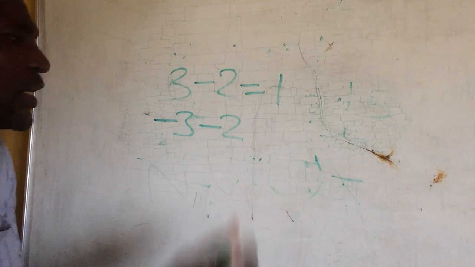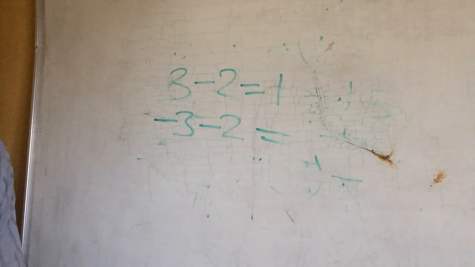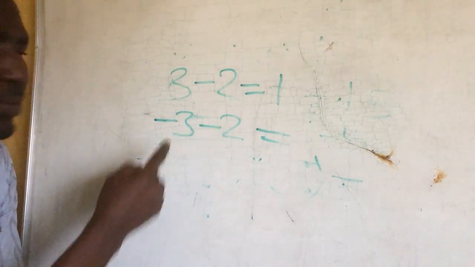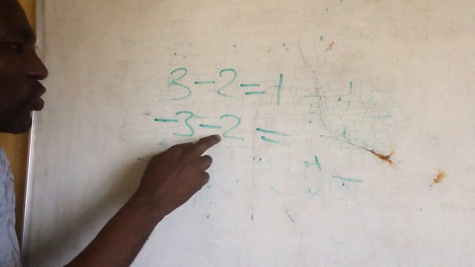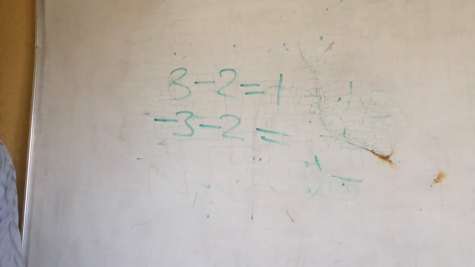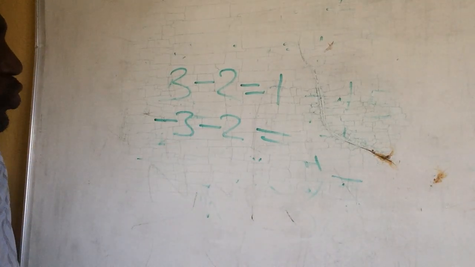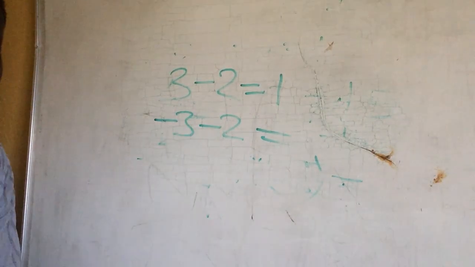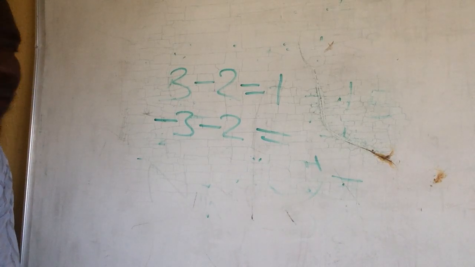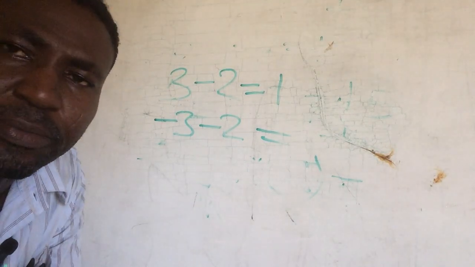So therefore, there is no way you can take this 2 away from this 3 because both of them are minus. What do you do? You combine them. You do a kind of addition.